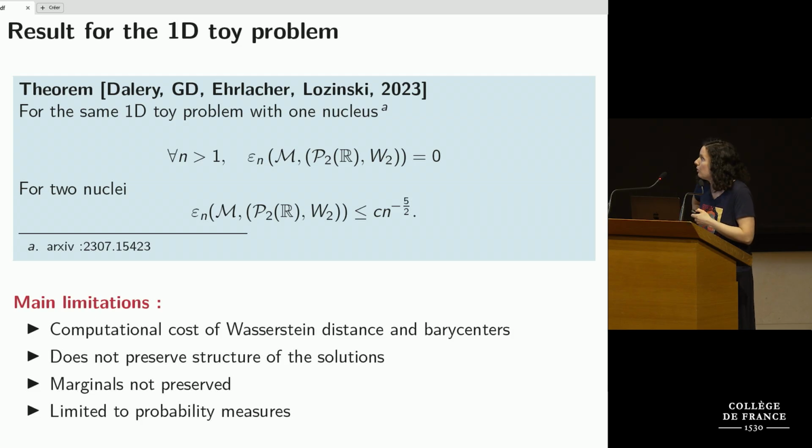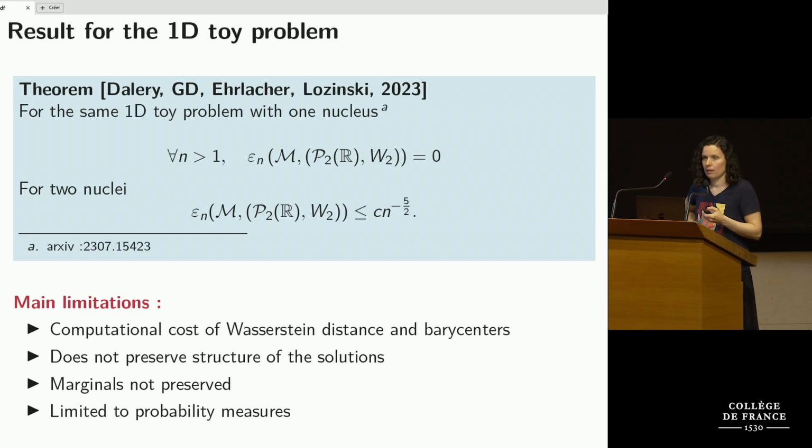For two nuclei, this is not that easy, but we managed to prove that the Kolmogorov n-width decays faster than n to the minus 5/2. Before we had n to the minus 3/2, so this is not perfect. In fact, in practice, we observed something more like exponential, but we weren't able to prove that the nonlinear Kolmogorov n-width decays that fast. We were still pretty happy to show that there was some kind of improvement in the Kolmogorov n-width.